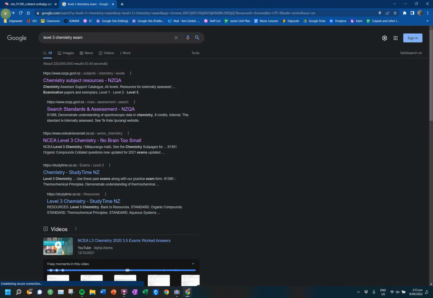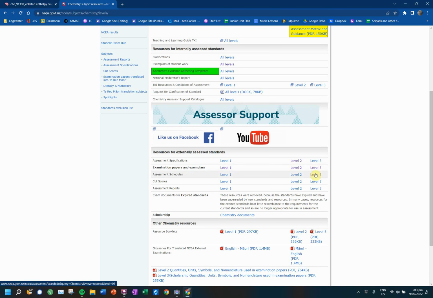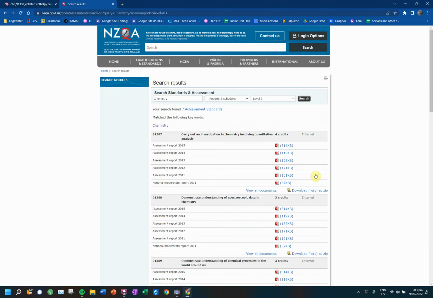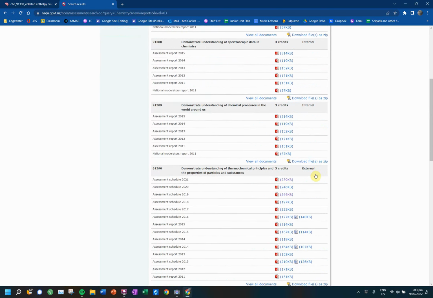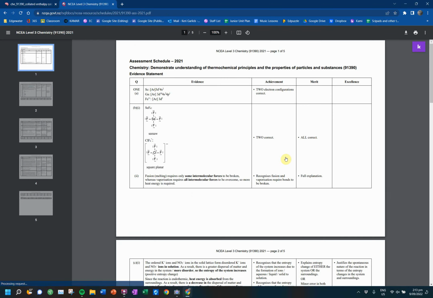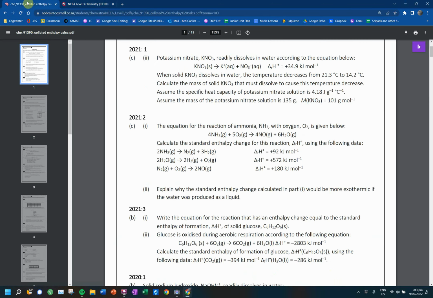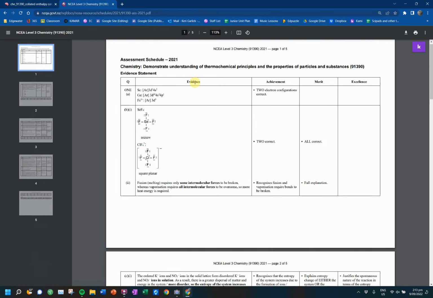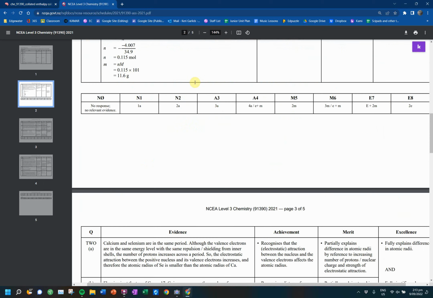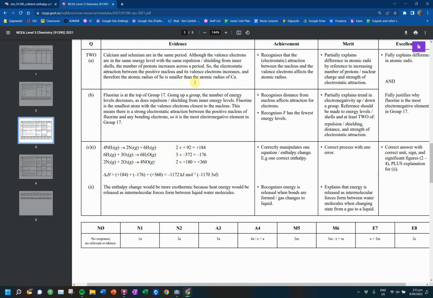Let's see, level 3, assessment schedules. We were looking at the 2021 thermo, and that was question number 2C. Yay, Miss got it right.